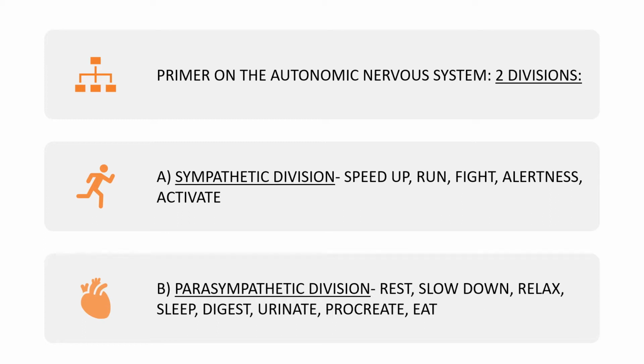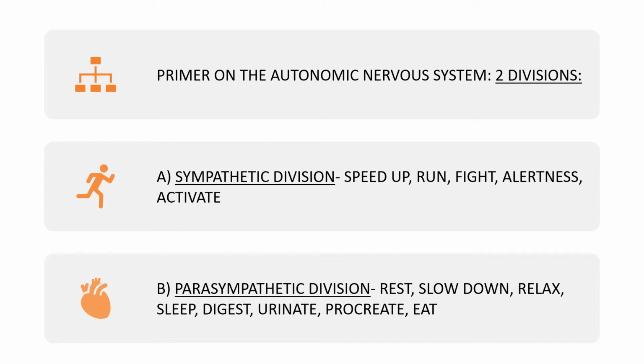Remember that many drugs that we use, we haven't done many of them yet, directly impact the autonomic nervous system as well. And that's done on purpose. For example, beta blockers are a group of medications that we use to control high blood pressure and to slow down the heart rate. Well, they directly impact a part of the autonomic nervous system.